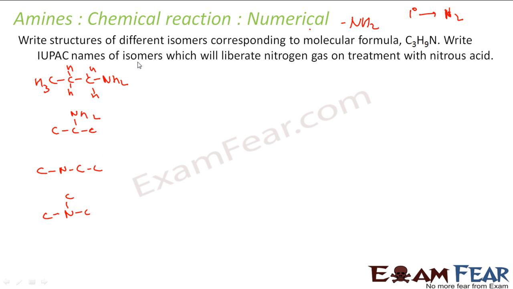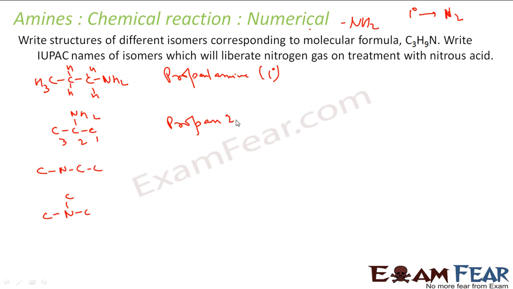Try the IUPAC names also. For this, it will be what? Propan-1-amine. This is 1 degree, with 2 hydrogens. This is what? 1, 2, 3. So it will be propan-1-amine actually.